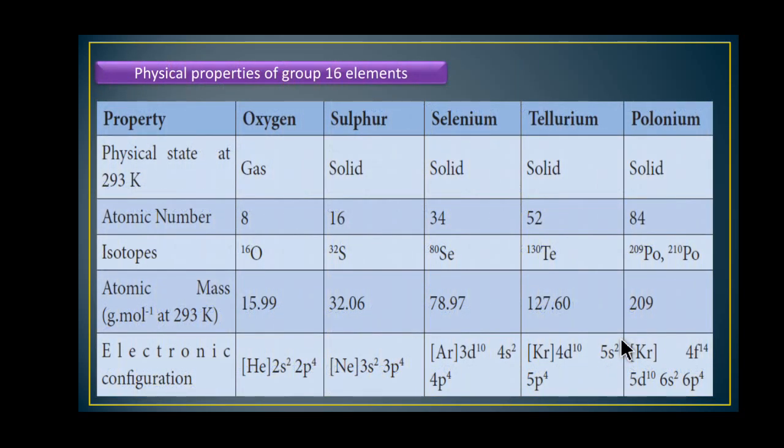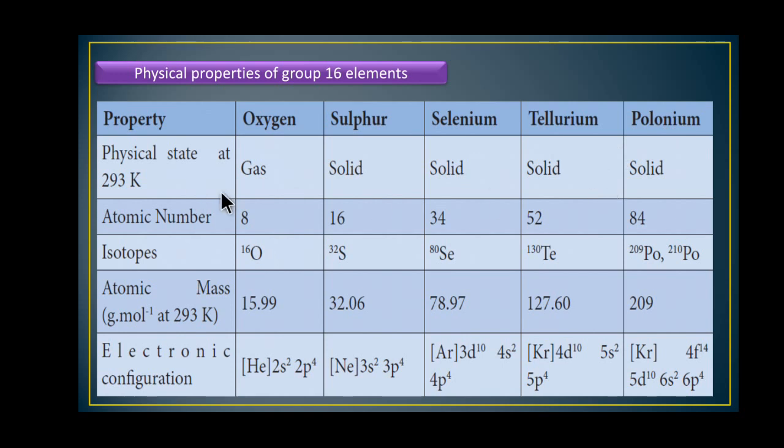And next, the physical properties of group 16 elements. Generally, the physical properties deal with melting point, boiling point, density, atomic radius, and electronic configuration. So the physical states: oxygen, sulfur, selenium, tellurium, polonium.